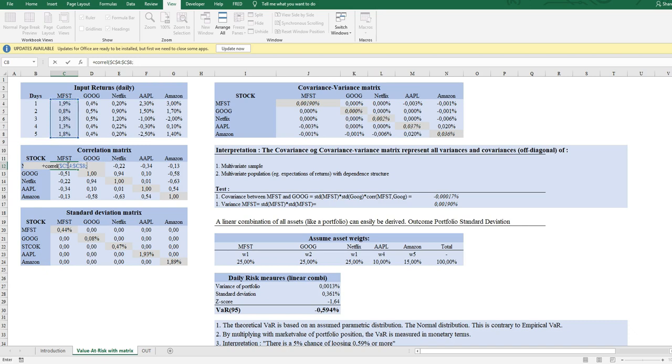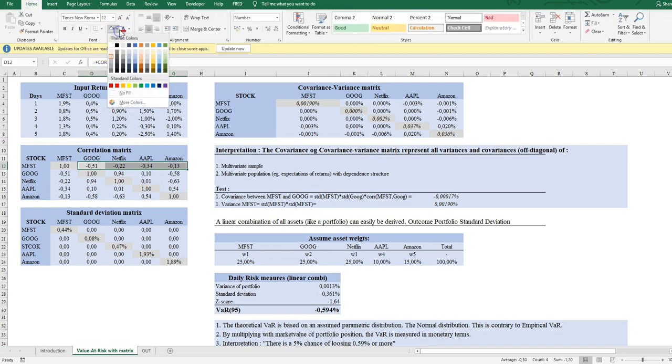Microsoft, and it starts off with itself, and then I can copy paste, and in this way you can do it all the way down. You just always have to fix the series. In this case, for instance, Google, fix the Google series here, and Netflix, and so on. And I'll just remove this color because I don't like a miscoloring here. So this is the correlation matrix built in the tough way.